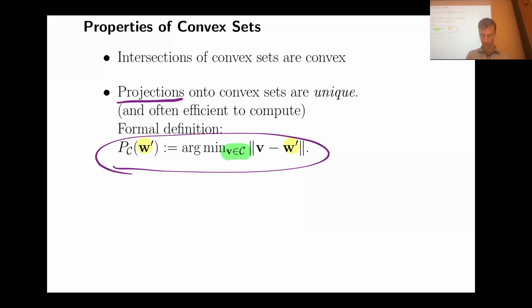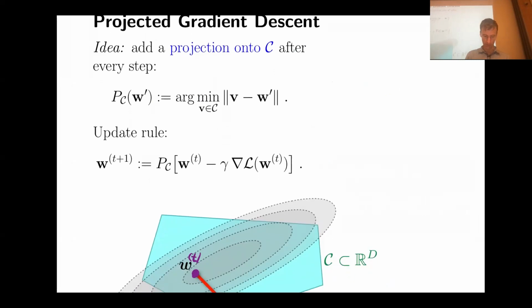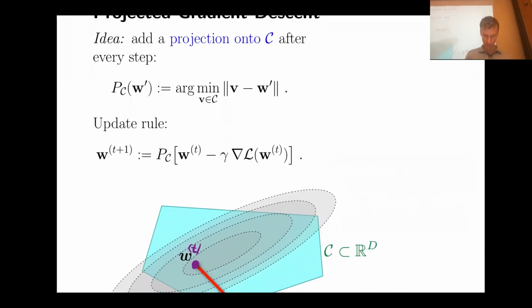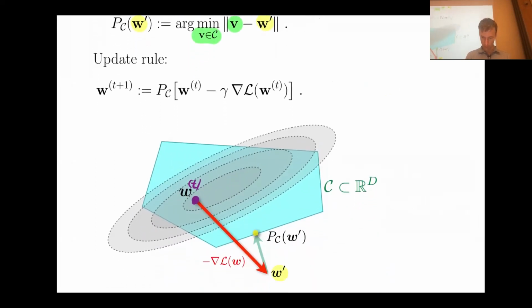And you can do this for all kinds of sets, and that's exactly what we have here again. So here is where we wanted to go, and then here is where we actually go.